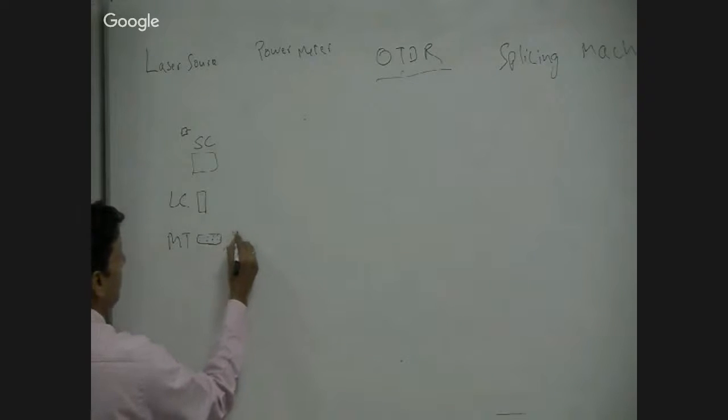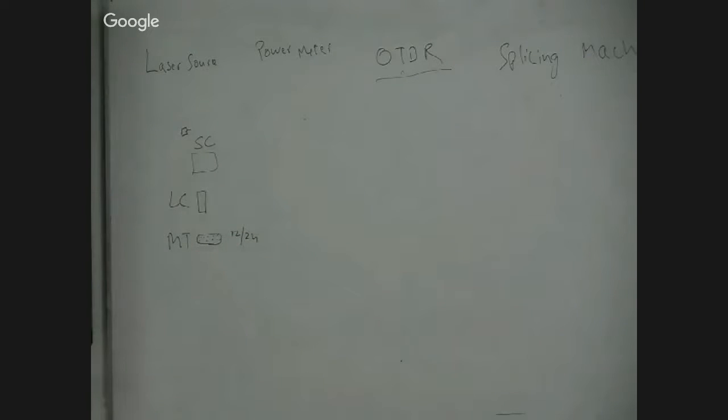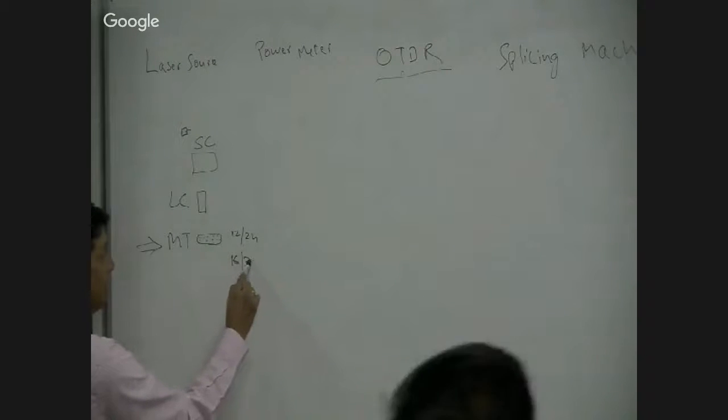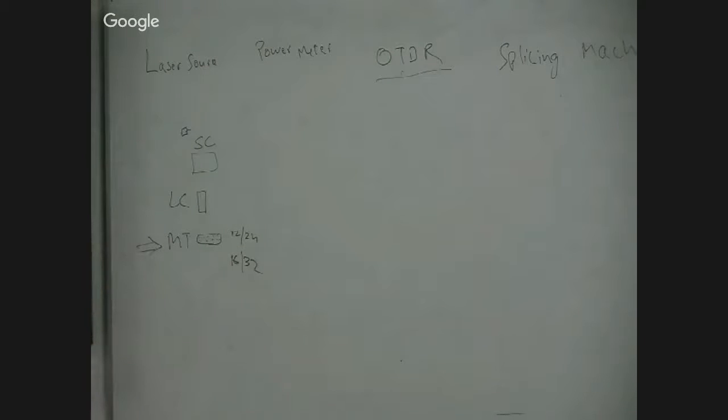So we got 12 or 24 fibers in one connector. Obviously, they're doing more research on this. They want to make it either 16 or 32. So this will come in future.